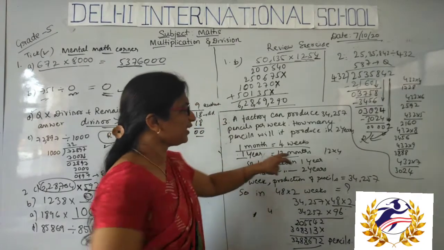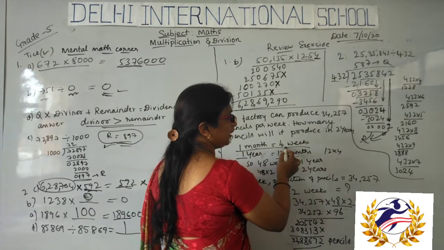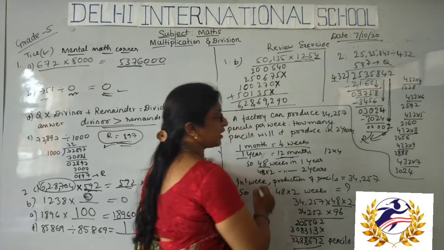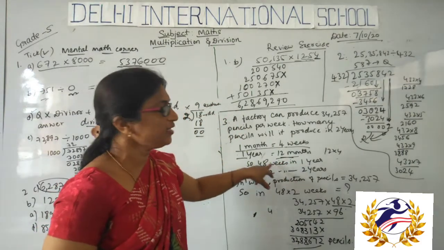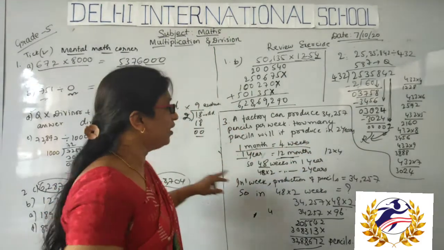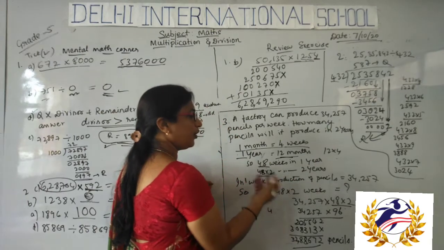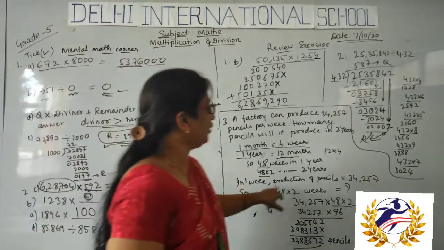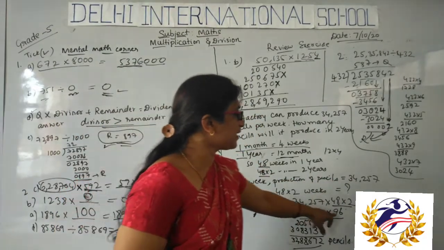So how many weeks? 12 months, and 1 month has 4 weeks, so in 1 year 12 4s are 48 weeks, isn't it? 1 year contains 48 weeks. But they asked for 2 years. So 1 year is 48, then 2 years is 48 into 2, that is 96 weeks.